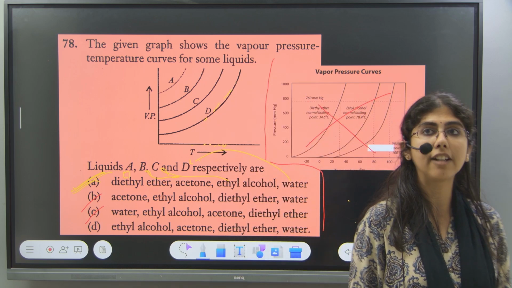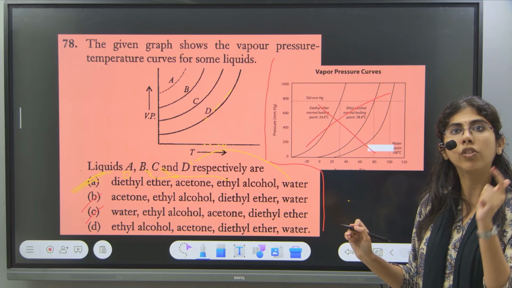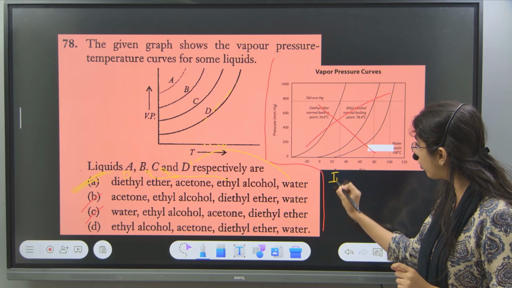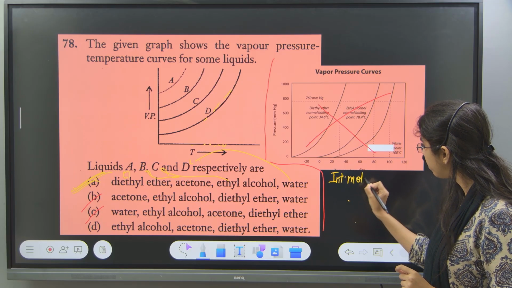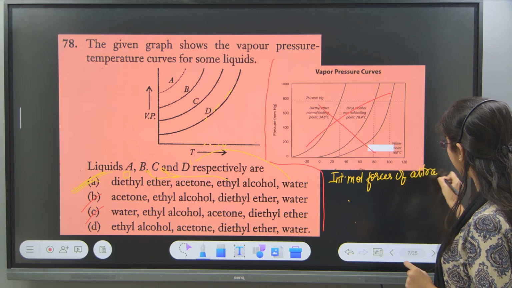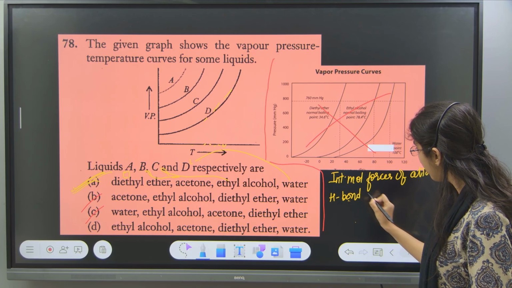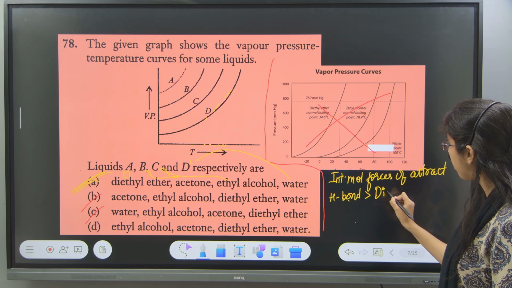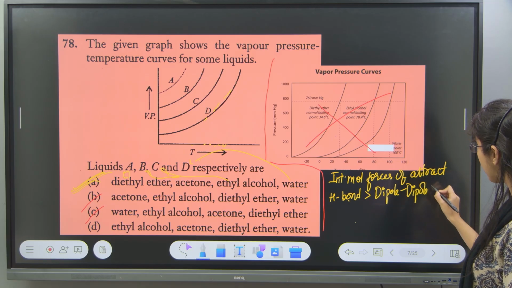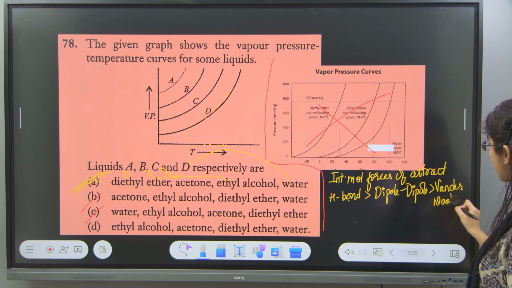Always remember about the intermolecular forces. You can write this down, because I will be using the very same thing in organic chemistry also. Intermolecular forces of attraction, order: first is hydrogen bonding, then dipole, last is van der Waals.